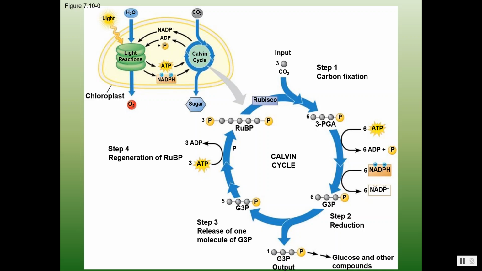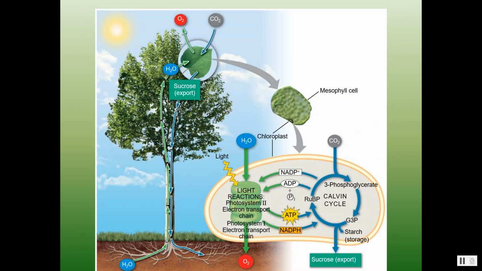All we need to do is take a couple of those 3-carbon molecules and stick them together in a sort of reverse glycolysis procedure, and at the bottom right, we get glucose and other compounds. There are enzymes in this process that make the sugars, and we end up with G3P, which can then go on to make glucose and other compounds.